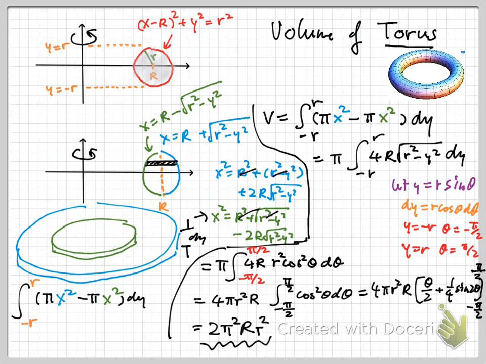This is the volume of the torus. Due to space limits, I skip some of the steps in integrating cosine squared theta. Maybe you can finish it as an exercise on your own. You can catch up on how we arrive at the integration of cosine squared theta. But this is the answer for the volume of the torus.